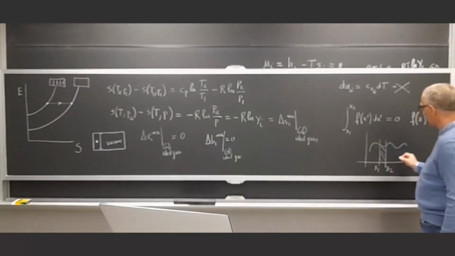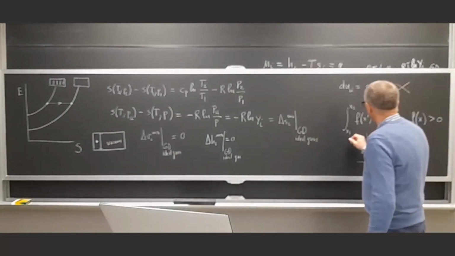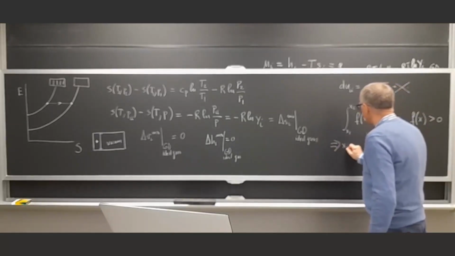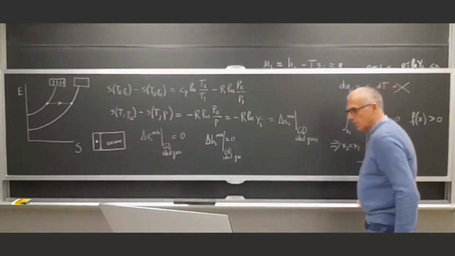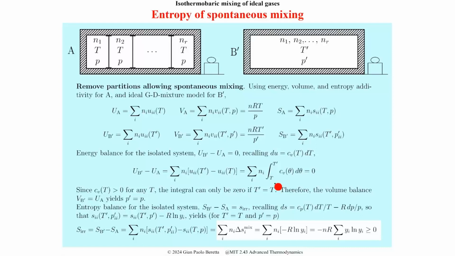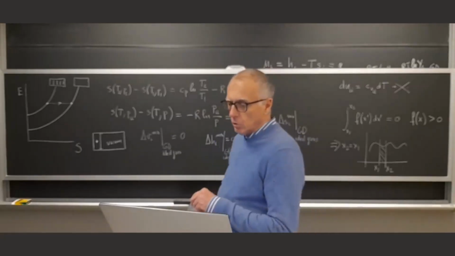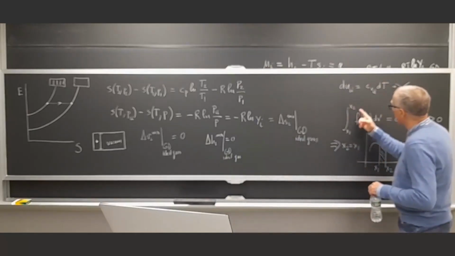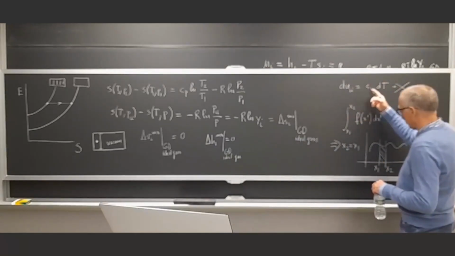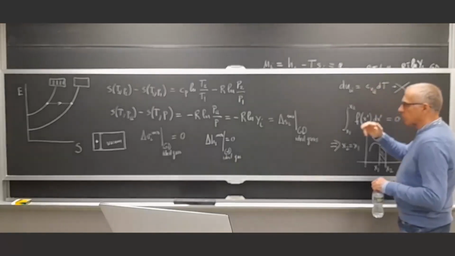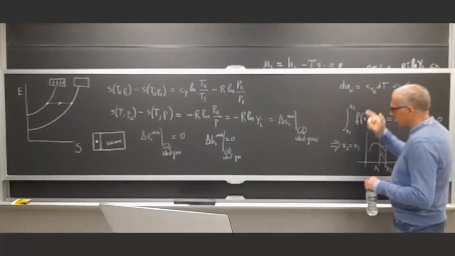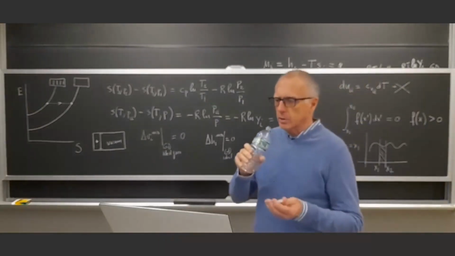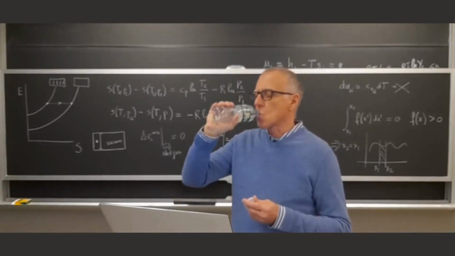So that implies that this integral is equal to 0 only when x2 is equal to x1. So that proves that the final temperature must be equal to the initial temperature. We have no need to make any assumptions about what these functions are, whether they are constant or not. They can be arbitrary functions of temperature, and we still get the same result.